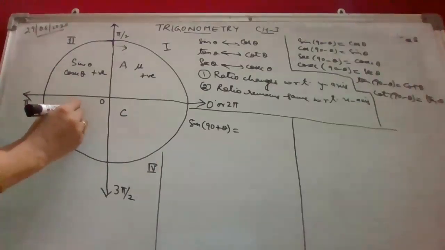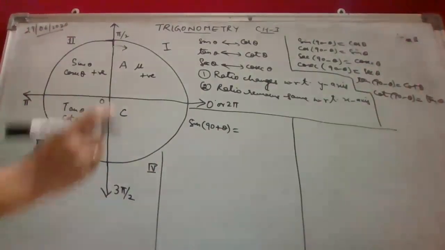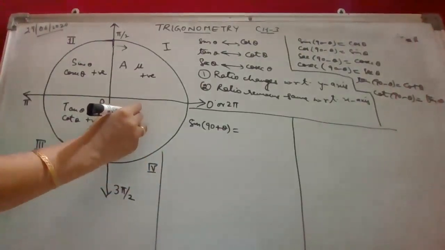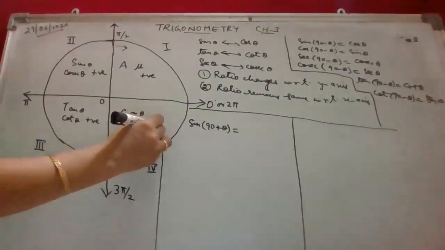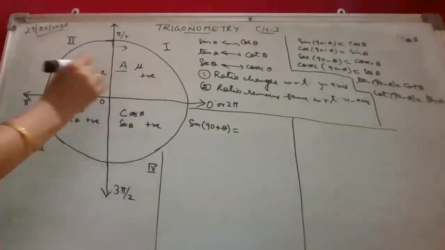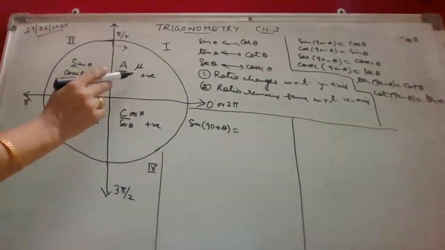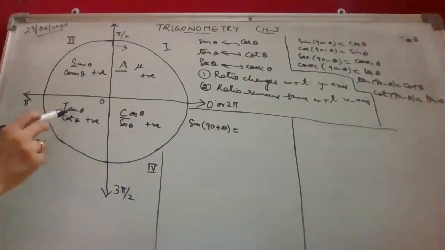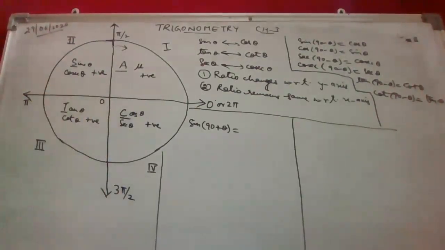T, that is tan theta, and its reciprocal cot theta are positive and the rest are negative. C is for cos theta, and its reciprocal sec theta are positive and the rest are negative. So this is all silver tea cups: all ratios positive in the first quadrant, sin and cosec positive in the second quadrant, tan and cot positive in the third quadrant, cos and sec positive in the fourth quadrant.